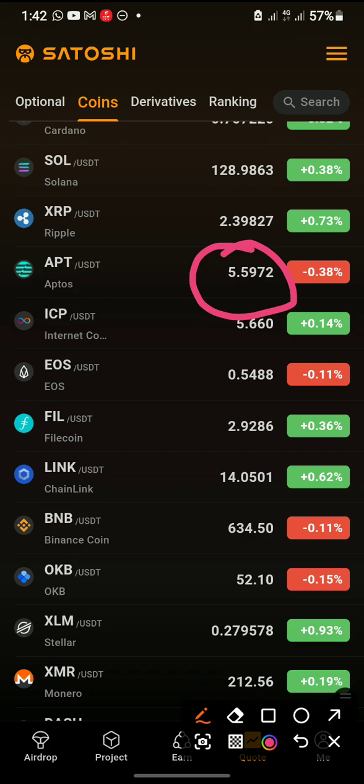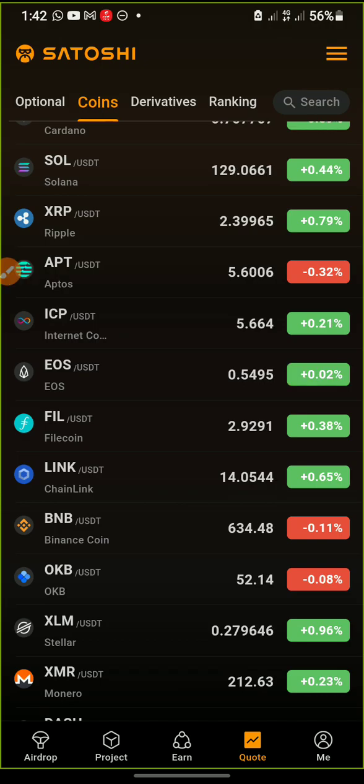Imagine Aptos was at $8.5 or $8.6 then, and someone who sold then had like 10 Aptos and sold at $8.6. Now Aptos is 5.6. So he made like $3 on each Aptos.